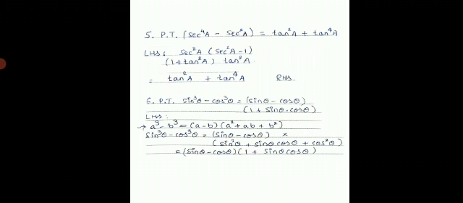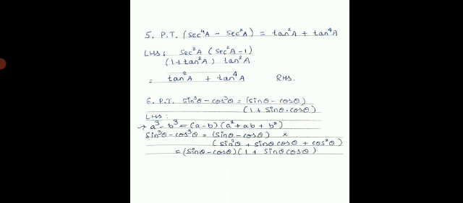Using this identity, what do we get in the RHS answer? You must get sin of theta minus cos of theta. So based on the RHS, you decide what formula you can take in the LHS part. So here they have given clearly that we need to use the a cube minus b cube identity. So its expansion is a minus b into a square plus ab plus b square.